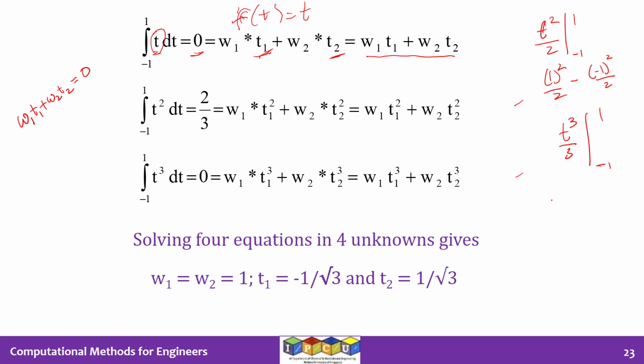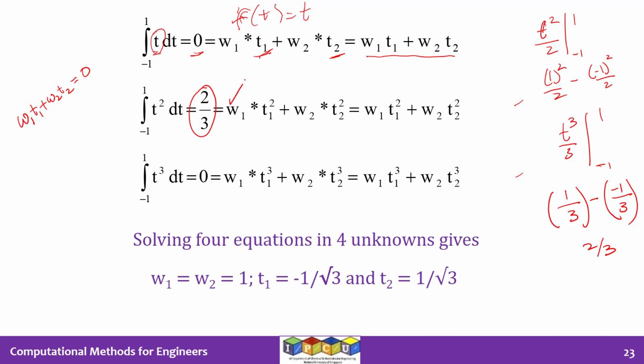So when you do it, you're going to get 1 cubed by 3, which is 1 by 3, minus -1 to the power of 3 by 3, which is going to be -1 by 3. So 1 by 3 minus -1 by 3 is going to be 2 by 3. Therefore, the left hand side evaluates to 2 by 3.